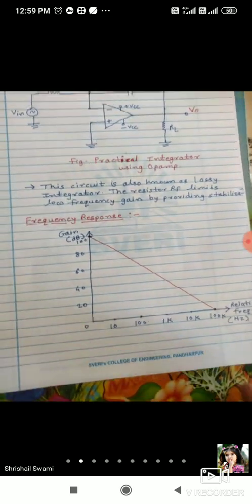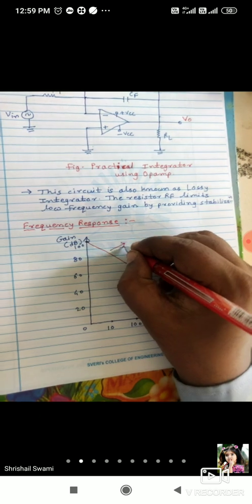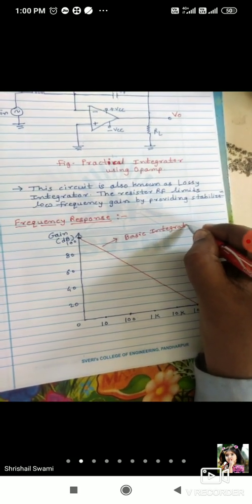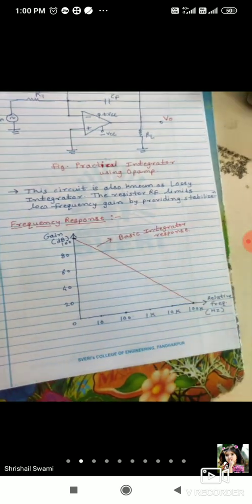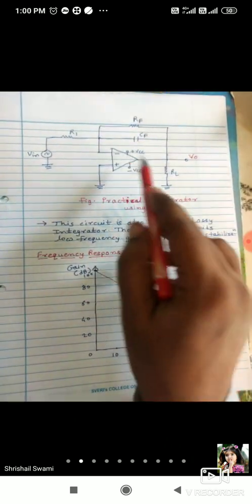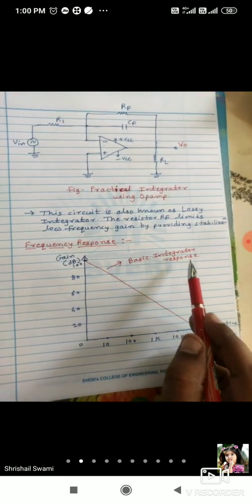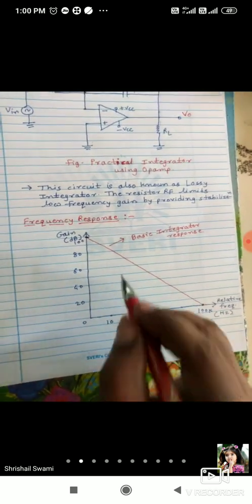So this is the basic integrator response, meaning the original circuit. This is the practical integrator circuit. So this is the graph of the basic integrator circuit.